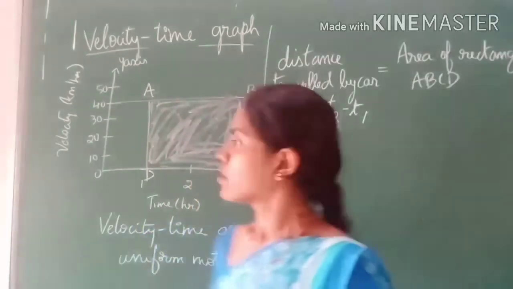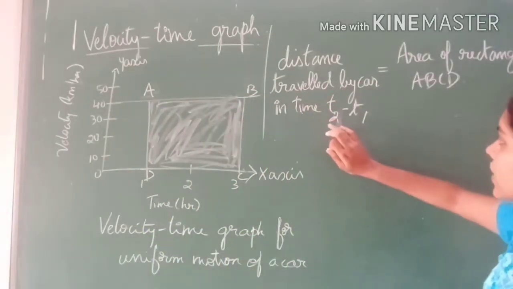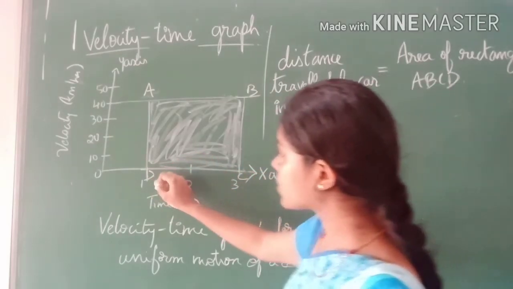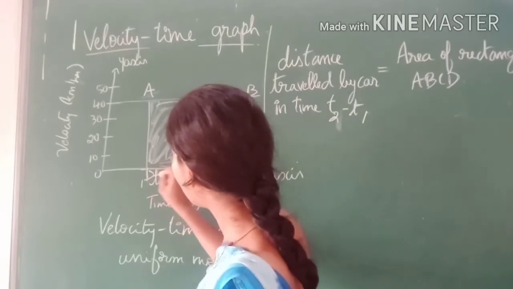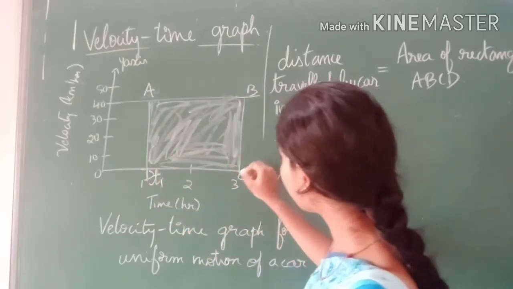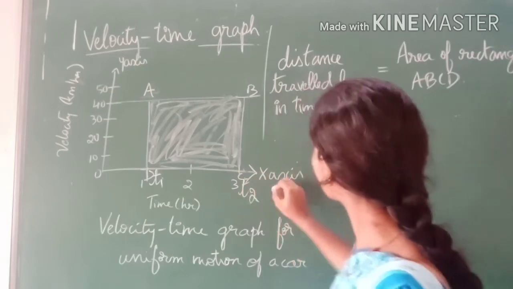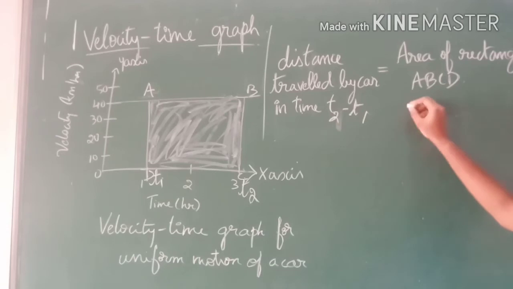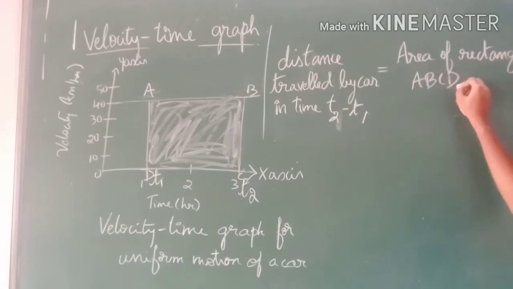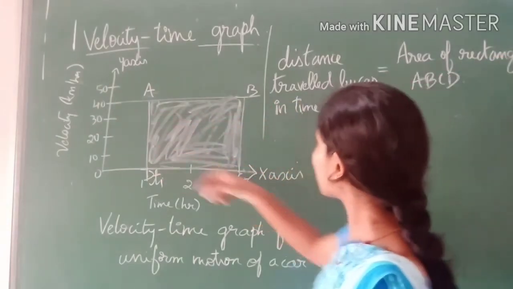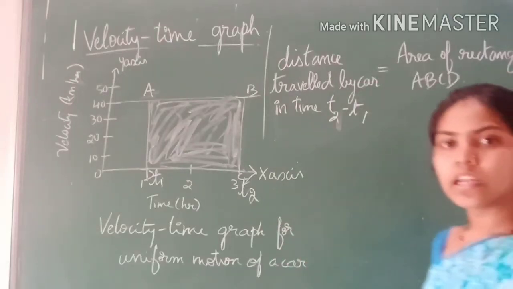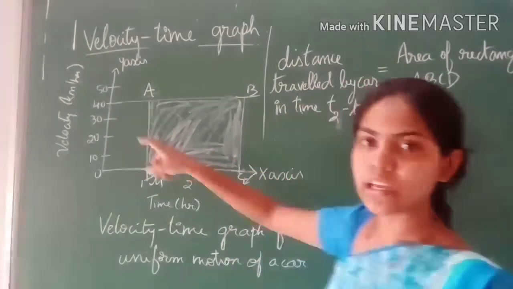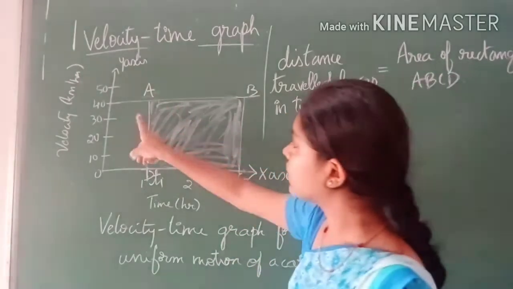So the distance traveled by the car in time t2 minus t1: I will consider at this position the time will be t1 and at this point the time is t2. So the distance traveled by the car in time t2 minus t1 is equal to area of rectangle ABCD. What is the formula to find the area of a rectangle? Area of the rectangle is equal to length into breadth.